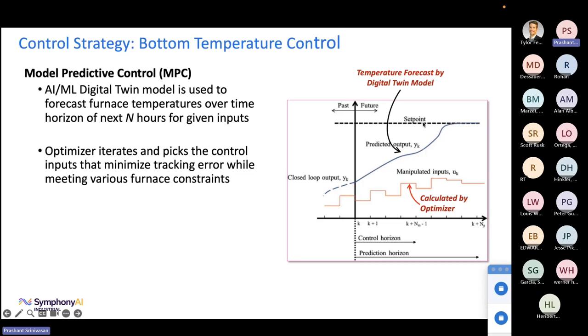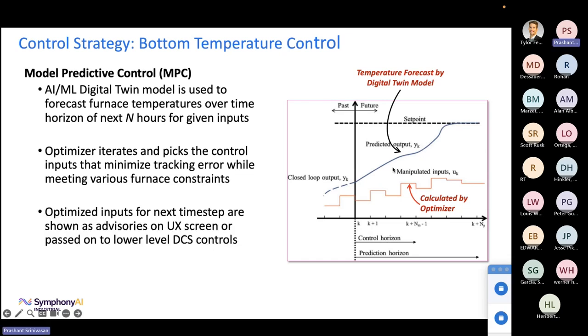So it will try to minimize the error between your actual forecast temperature and the set point. And then based on that optimization, it will apply the inputs for the next time step. And these optimized inputs would be shown as advisories on the UI screen. And I'll just show how that looks in a demo towards the end.